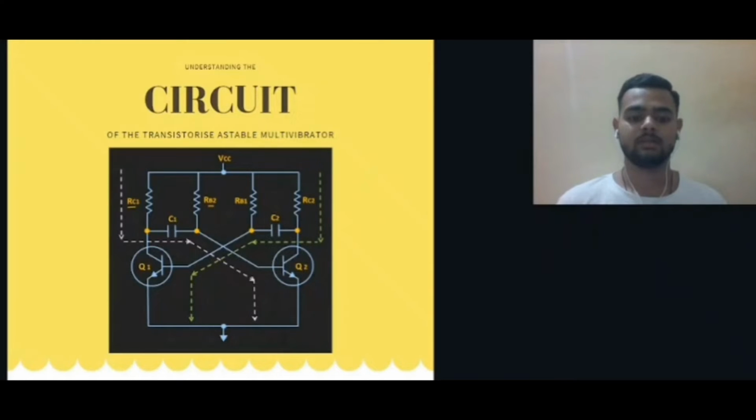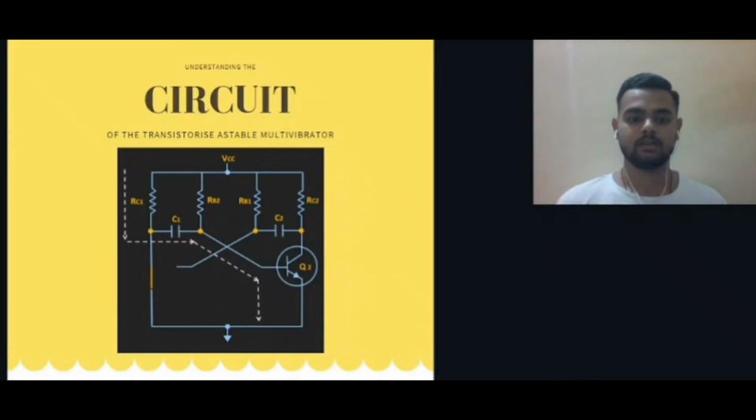So as soon as we apply the supply voltage, the capacitor will charge through the low resistor, but due to mismatching of both circuits, one transistor will conduct more than the other transistor. So due to that, only one transistor will go into the saturation region first.